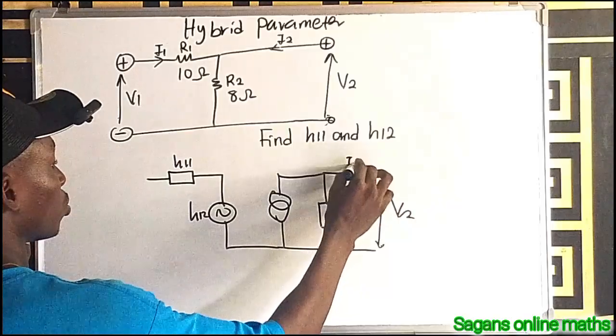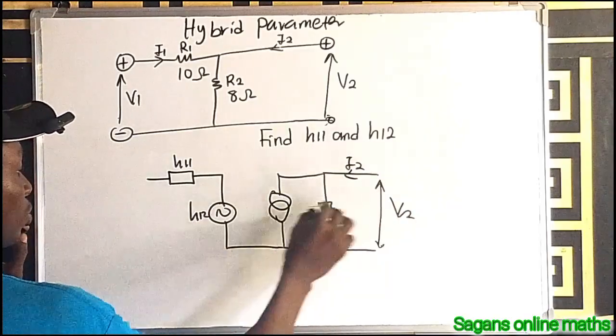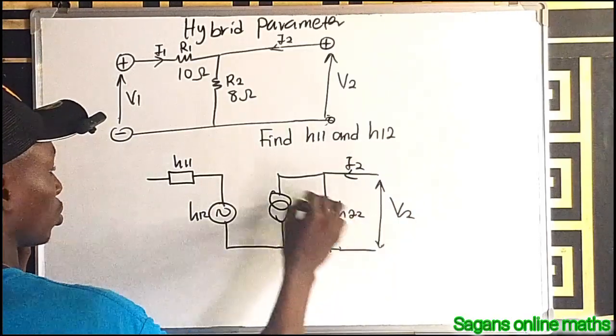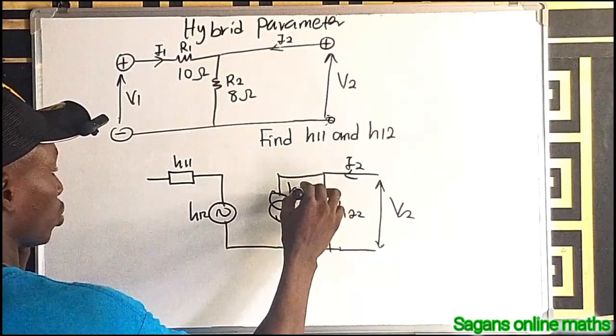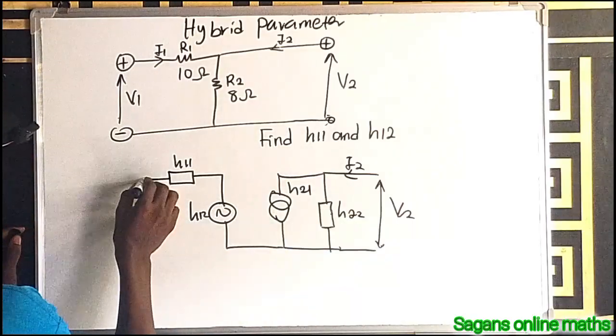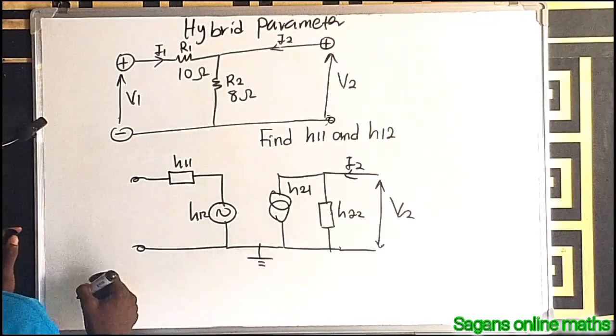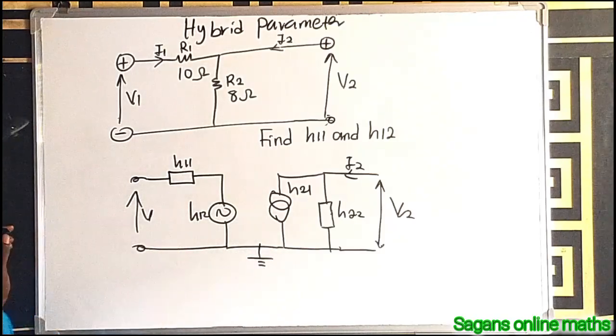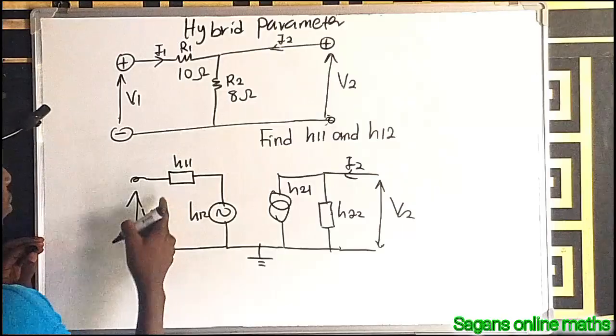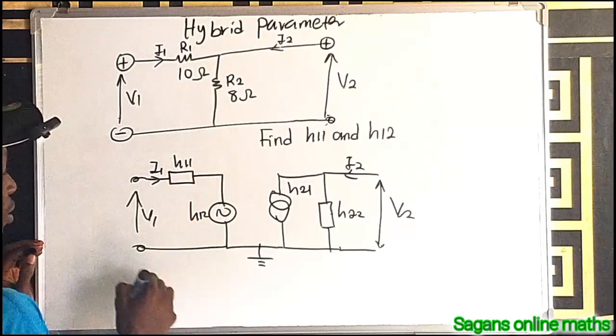Current from here is our I2. This is our h₂₂. This is our h₂₁. So this is our input. This is our ground. Then this is our V1, and this is current 1, which is I1.